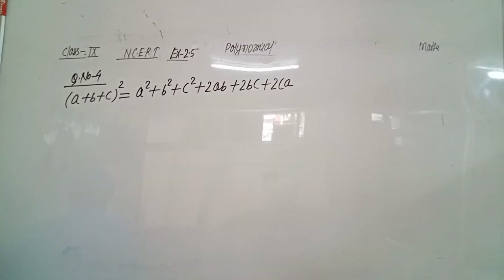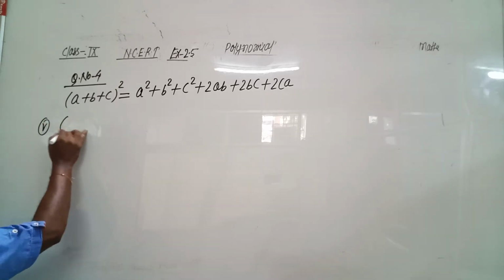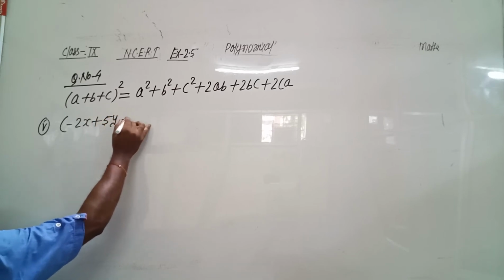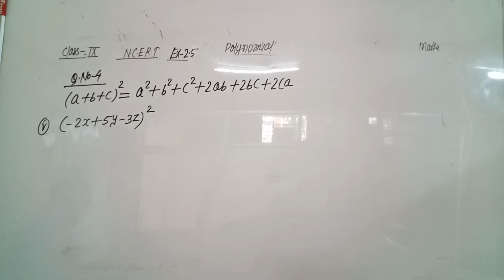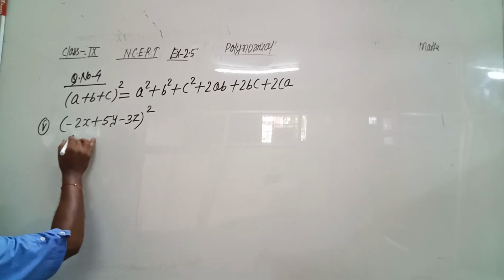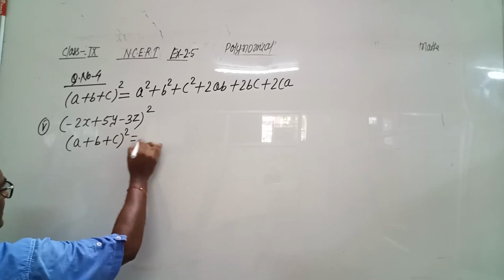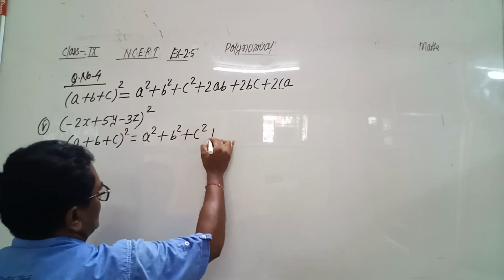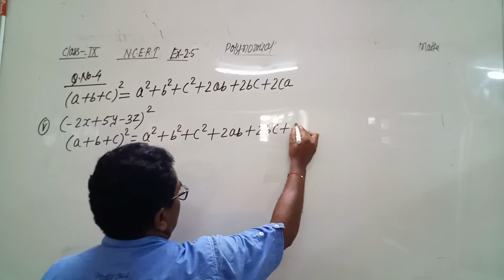Then fifth part: minus 2x plus 5y minus 3z the whole square. So we write the formula: a plus b plus c the whole square equals a square plus b square plus c square plus 2ab plus 2bc plus 2ca.